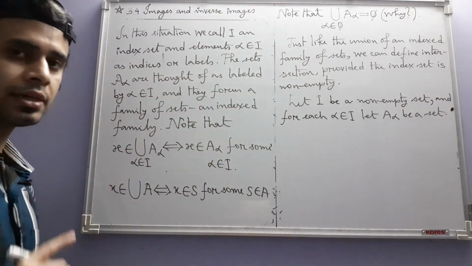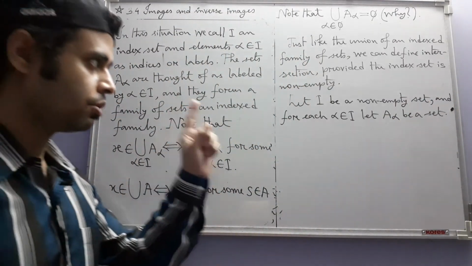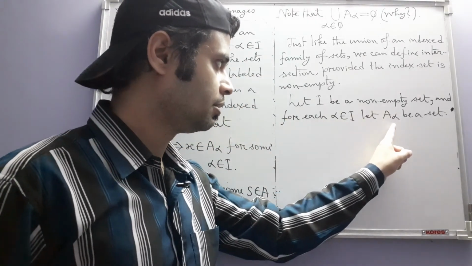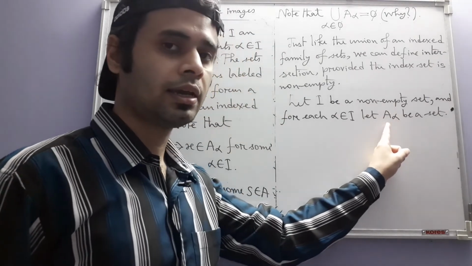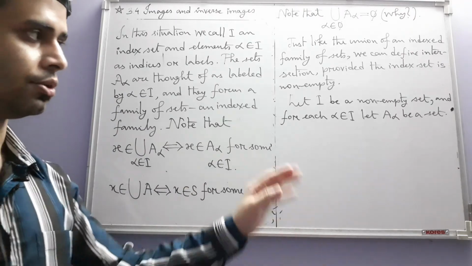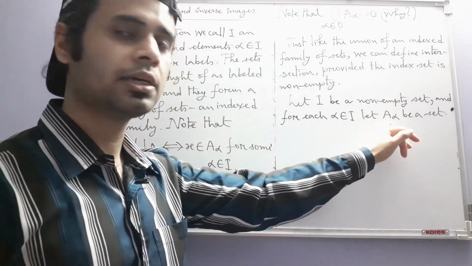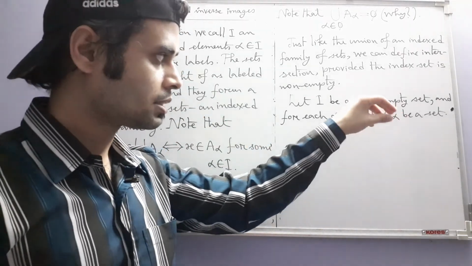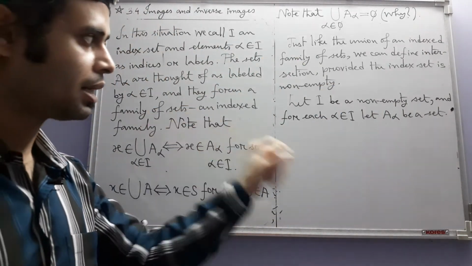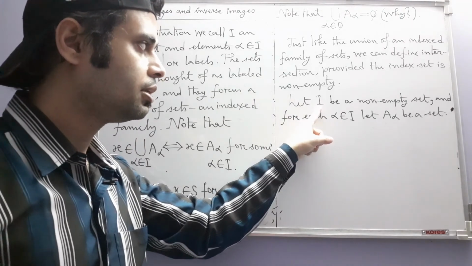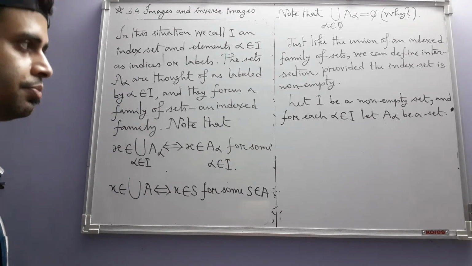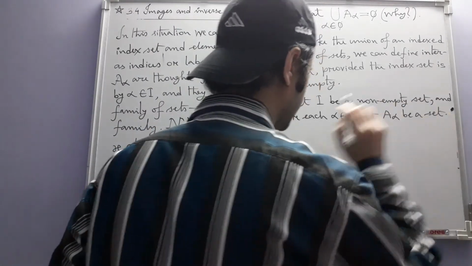Okay, something else has come to my mind at this point. Note that although we are saying that the index set is non-empty, these sets A alpha need not be non-empty. They may be empty. All of them may be empty also. We are not concerned about the emptiness or non-emptiness of the sets themselves of which we are taking union or intersection. We are concerned about the non-emptiness of the index set, the set of labels. There should be some labels.